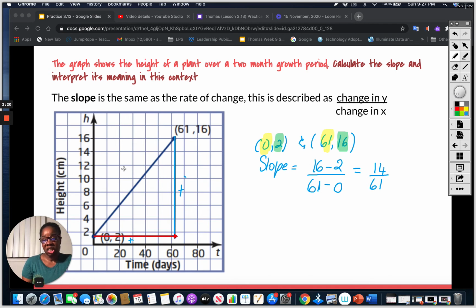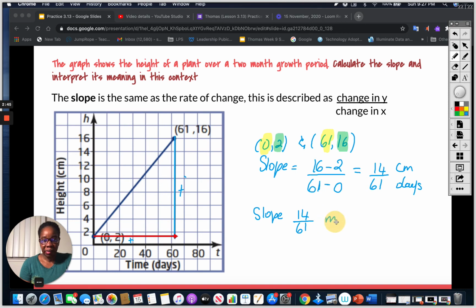Now, my change in y, I know that was height in centimeters. And my change in x, I know that was time in days. So what this means, my slope was 14 over 61, sorry.